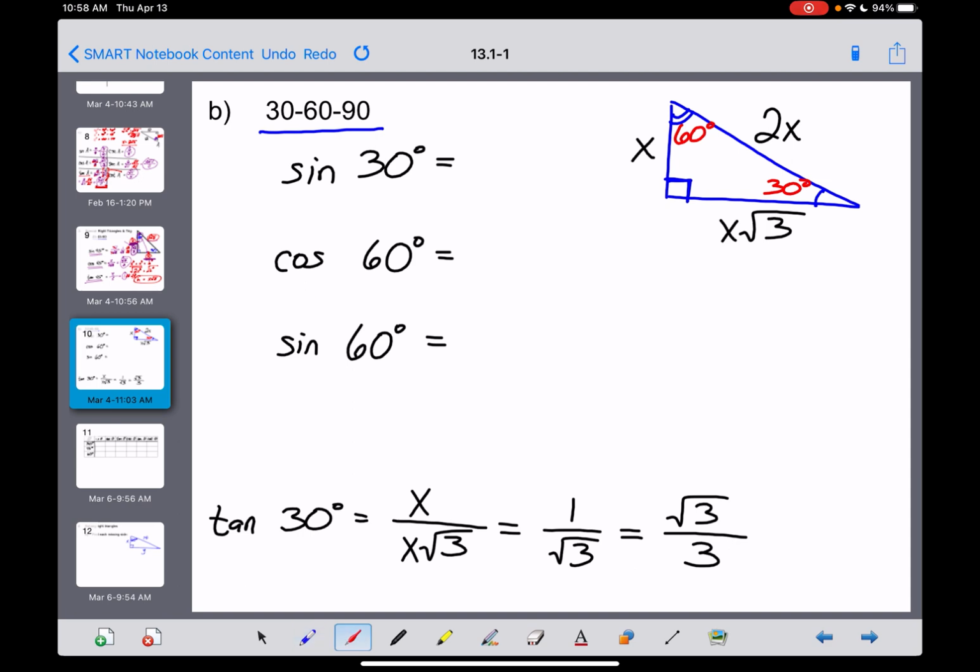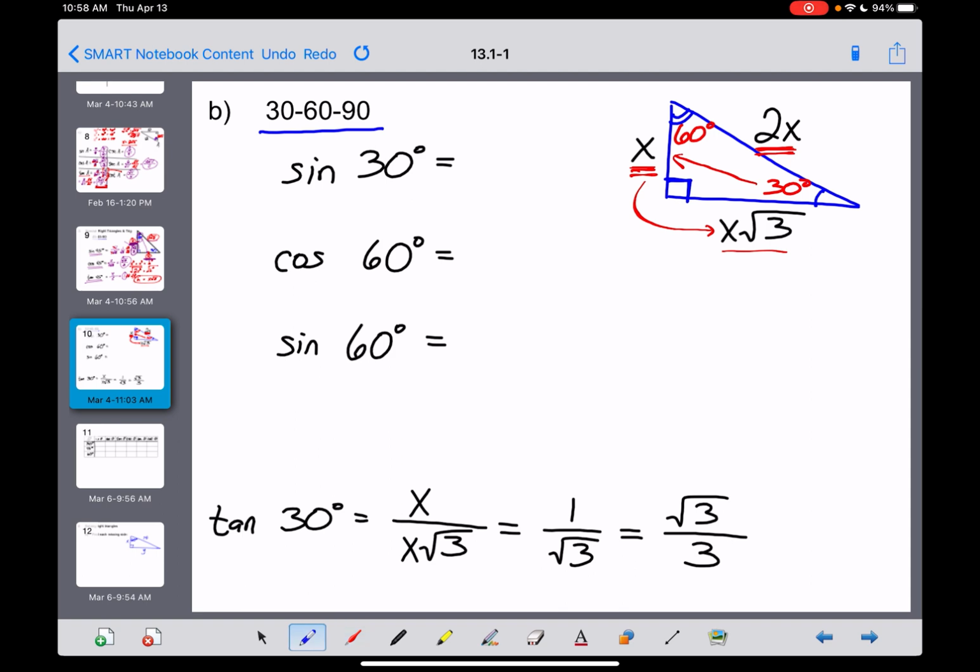And the side lengths then are x. That is the shortest side, and it's the one that's across from the 30-degree angle. X is the shortest side. The hypotenuse, then, is always twice as long as whatever x was. So this is just 2x. And the longer leg, which is the middle length of all of the sides, is going to be whatever x is, but then we multiply x by the square root of 3.